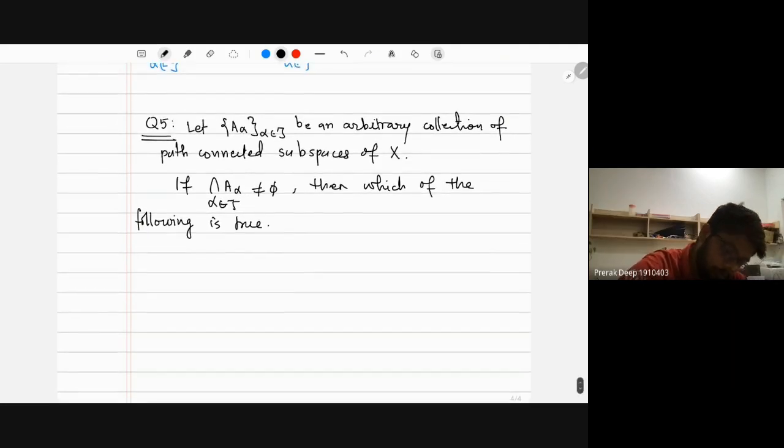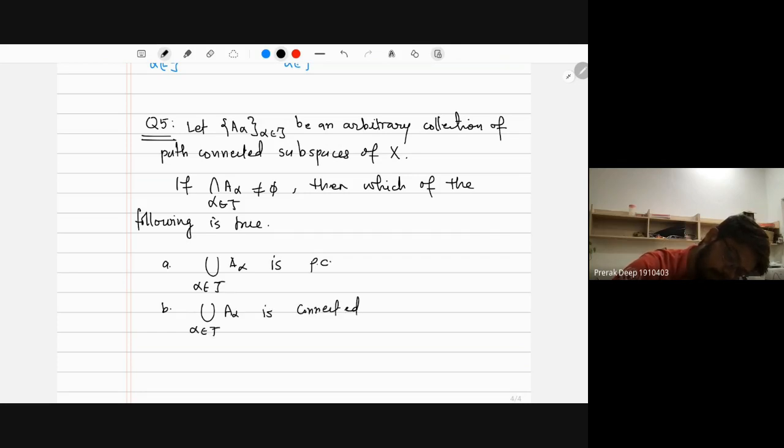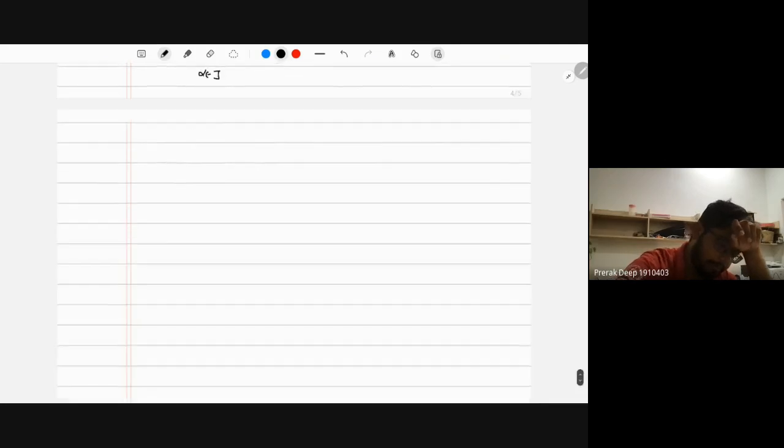Option A, their union, let me call it A, their union is path connected. Option B, their union is connected. Option C, their intersection is path connected.